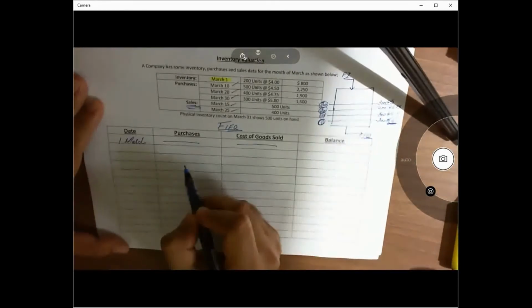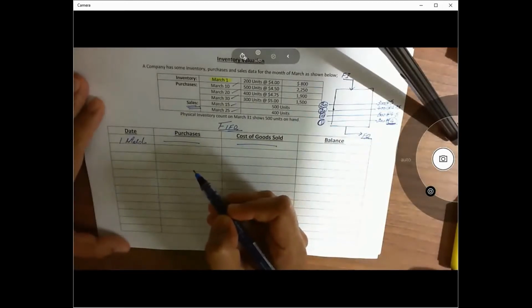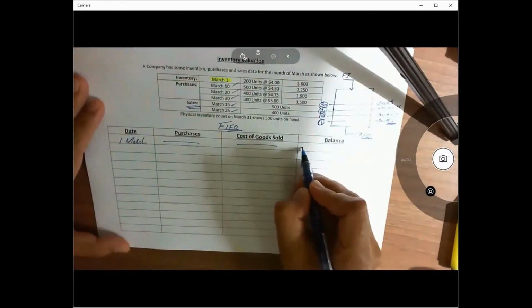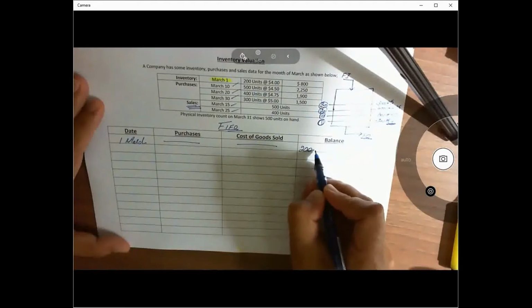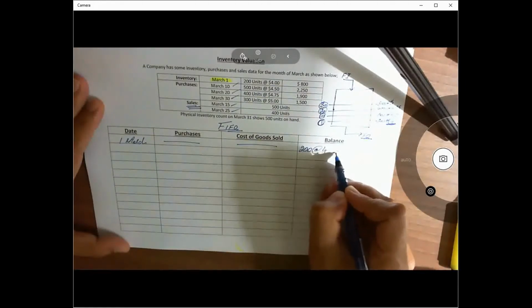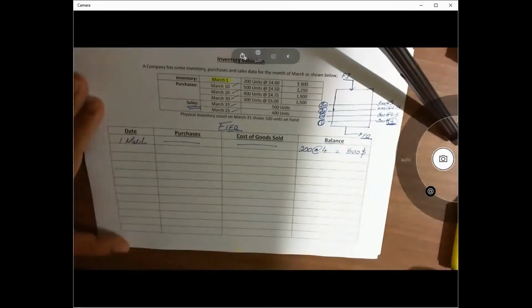No. What is our balance? This is the inventory which we are bringing from the last period. The balance is this thing which we write over here, 200 units at the cost of 4 per unit, which is giving us a total value of our opening balance of inventory, which is $800.